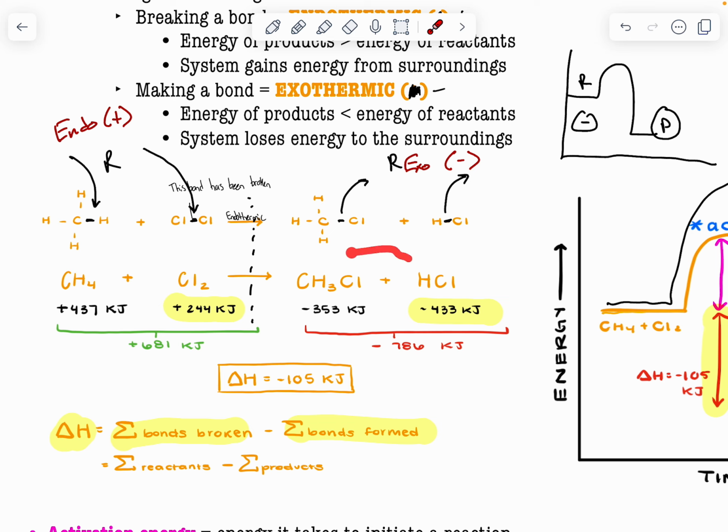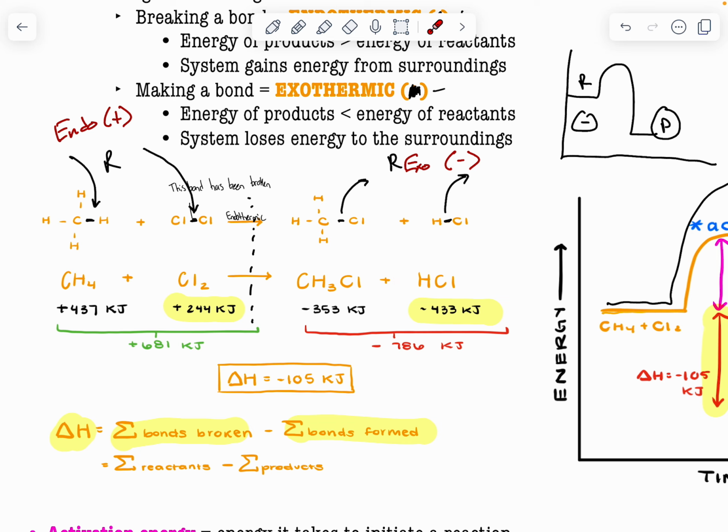But if we look over here on our product side, we can see that we are making new molecules. We are bonding that free-floating chlorine over onto that CH3. And we are taking that hydrogen that we released over here from CH4 and binding it onto this free-floating chlorine molecule over here.